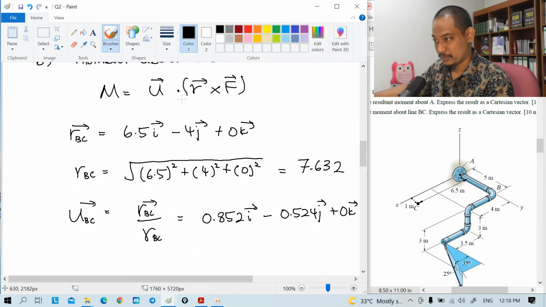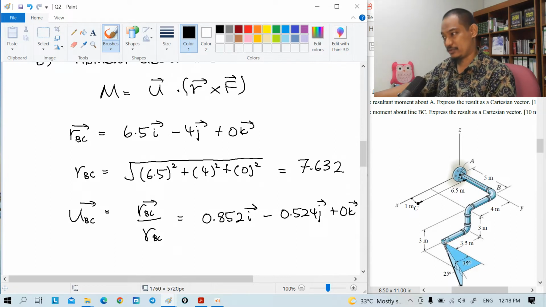That's for this, right? Then what is R here? R here is from B to the point of force, right? Either from B or from C to the point of force.